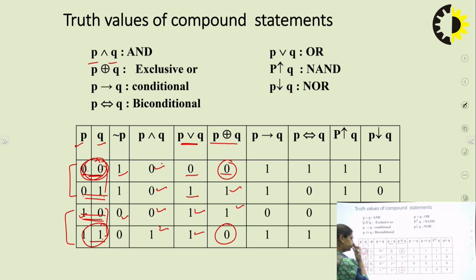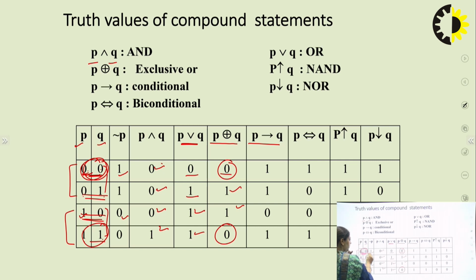Now P implies Q, which means if P is true, then Q has to be true, right? In this case, if P is true, then Q should also be true. And if P doesn't happen, then Q can be anything, right? Now in this case, P doesn't happen. 0, 0 means P doesn't happen.